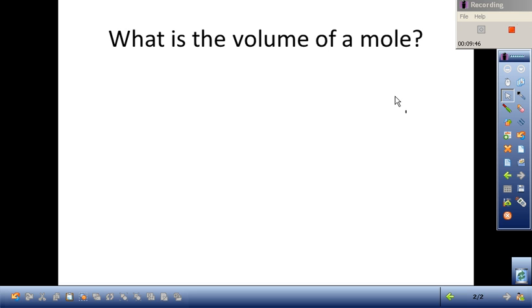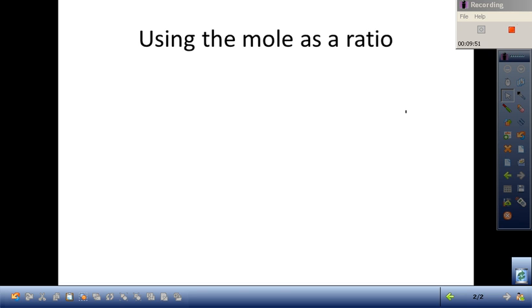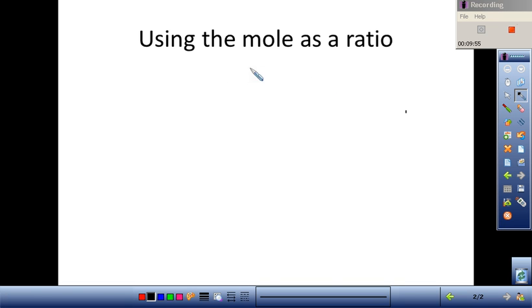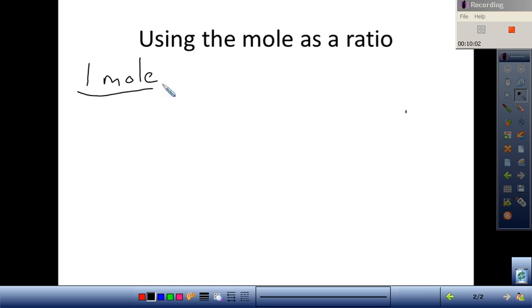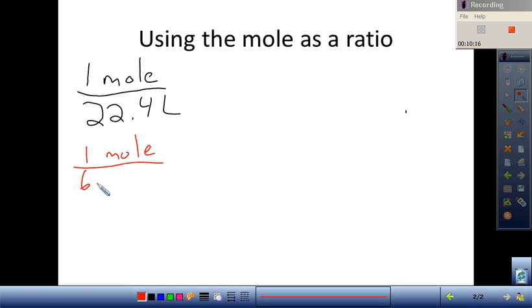Okay, so let's summarize. Using moles as a ratio. Now we're going to use these to figure out some problems. And when we use the mole ratio, remember, there's some that are constant. What if we're doing volume? Well, we just said volume is 22.4 liters. What if we're doing things? Well, 1 mole is always Avogadro's number of things. These are constants.